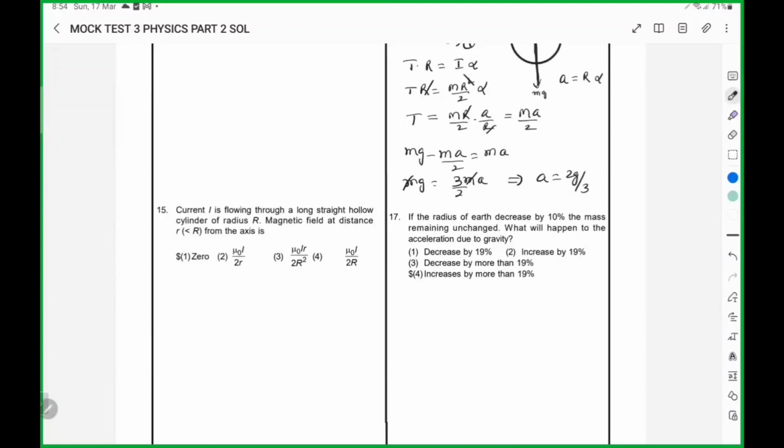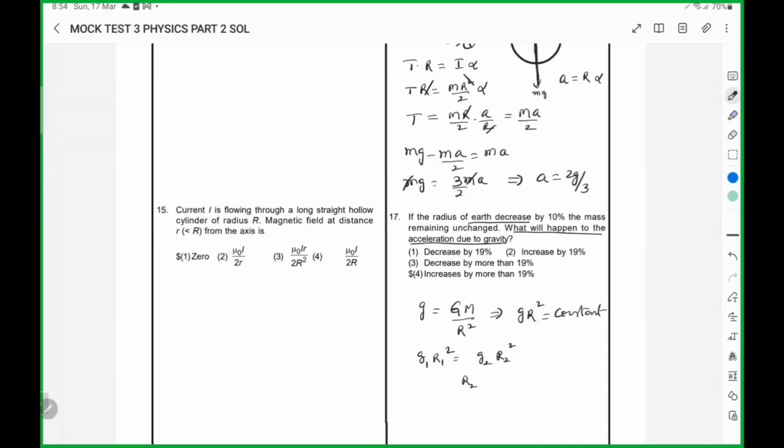Here the radius of the earth is decreased. He is asking the relation between the radius of the earth and what will happen to gravity. g is GM by r square. Here G is constant, and mass remains unchanged, as given. So g1 r1 square is g2 r2 square.